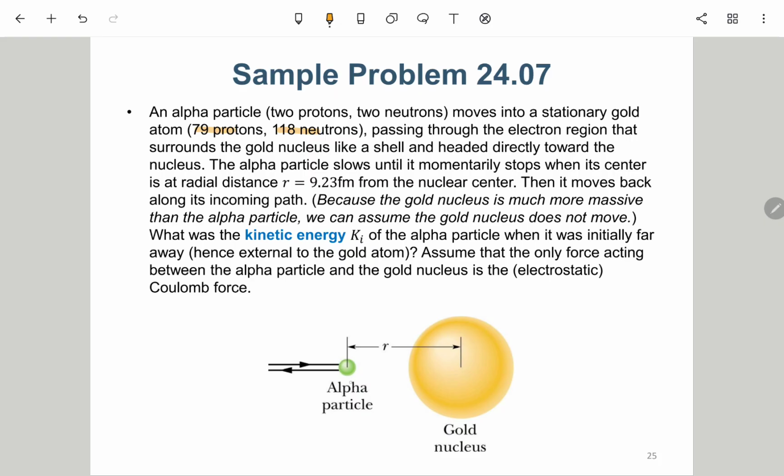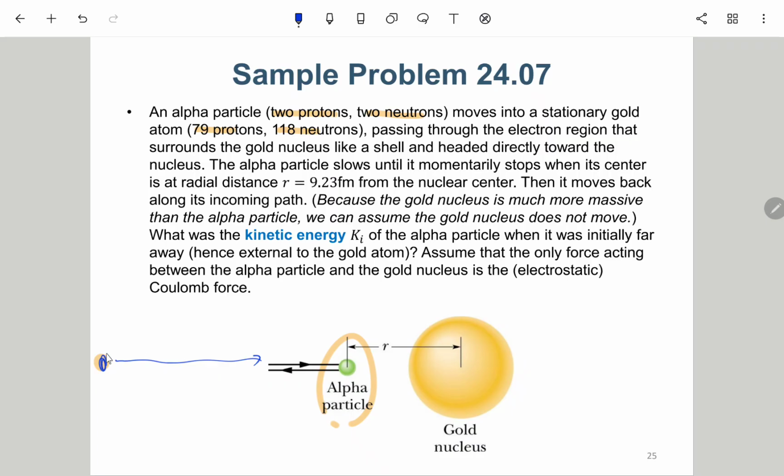Okay, so which means that this alpha particle is actually starting from infinitely far away, and then moving this way. Okay, so it will try to move closer and closer.